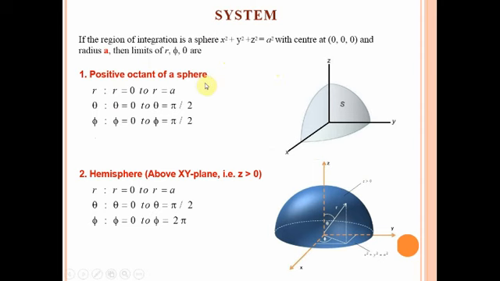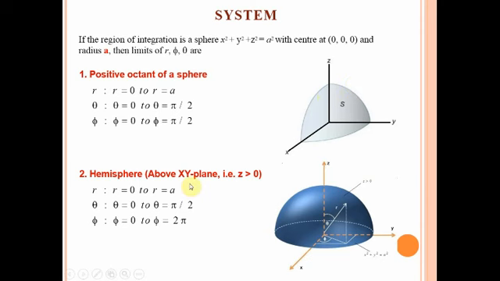For the positive octant of a sphere, we can find r is equal to 0 to a value, theta is equal to 0 to pi by 2, and phi is equal to 0 to pi by 2. So this is the positive octant.